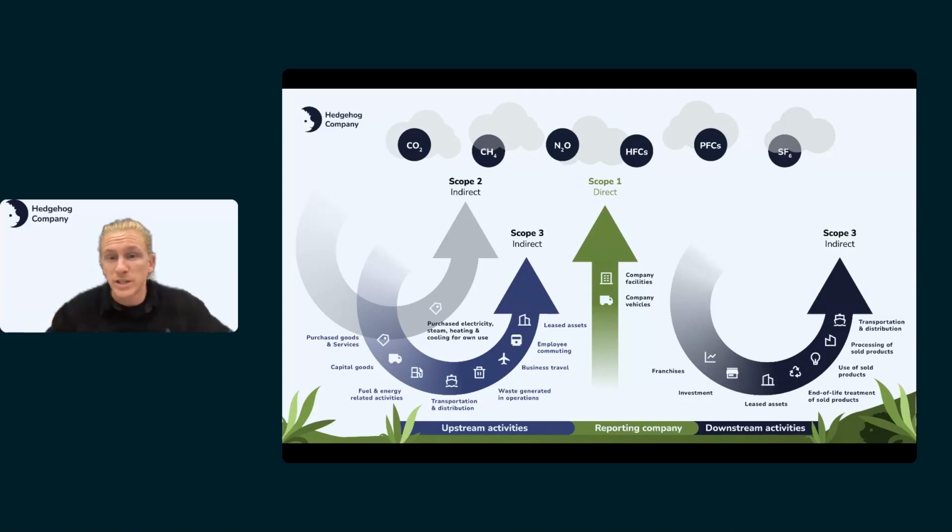Another example from the right side, downstream activities. Especially when we're producing electronic equipment, so anything with a plug or a battery, you can see the category use of sold products. The energy consumption of the products during the full life cycle is to be reported under that category.